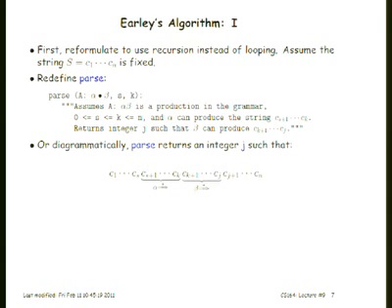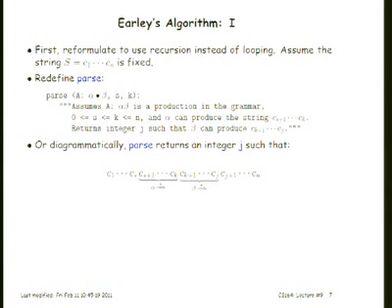Parse takes a rule and two positions in the string. When it starts, it assumes that all of these characters, C sub S plus 1 through C sub K, have already been matched to alpha. So we know that those already match. And parse is going to try to match some of the rest of the characters, C sub K plus 1 up through C sub J, with beta.